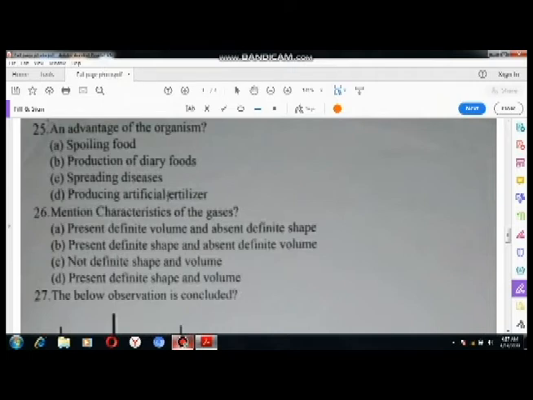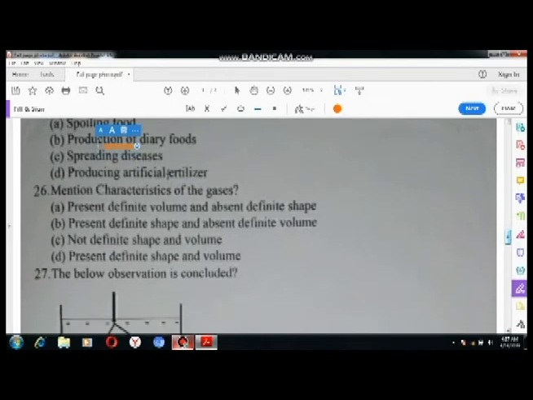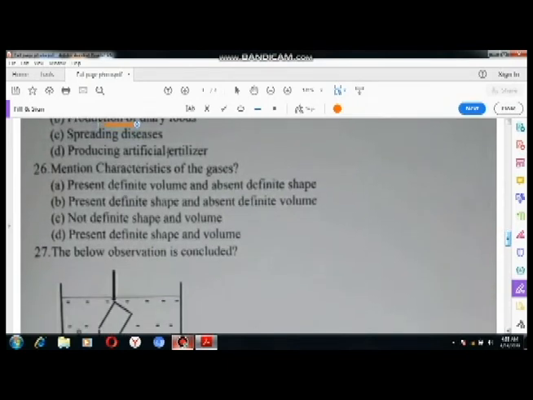What are the disadvantages of microorganisms? Causing diseases and spoiling food. In this question, it asks for an advantage of microorganisms: production of dairy products, cheese, butter, yogurt. All these are included in dairy foods. So answer B.